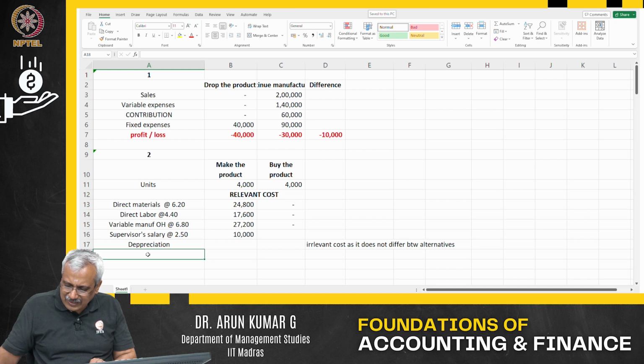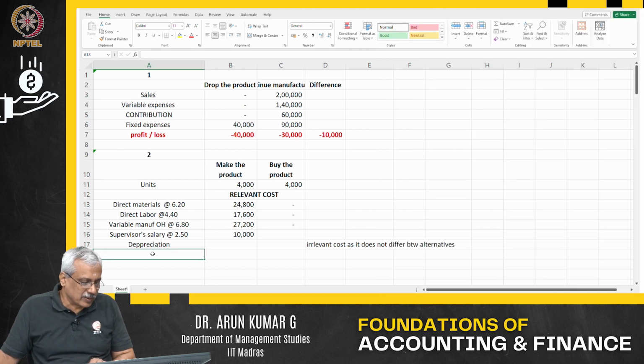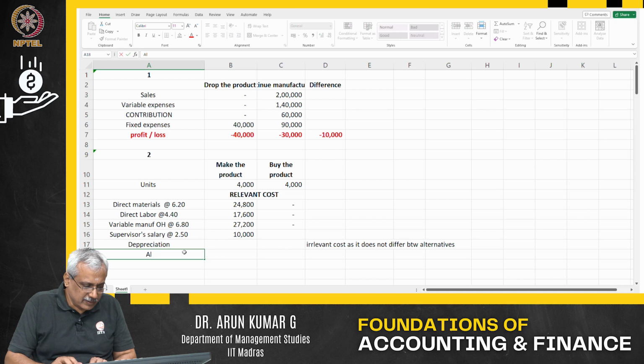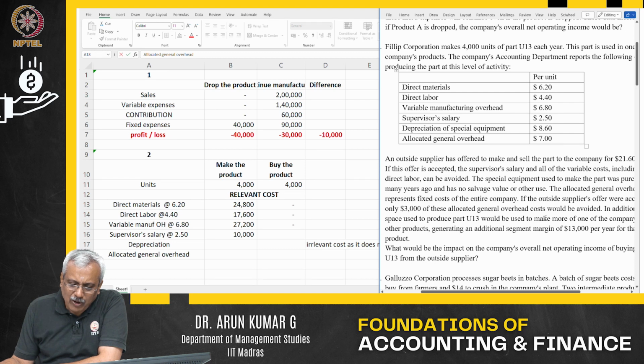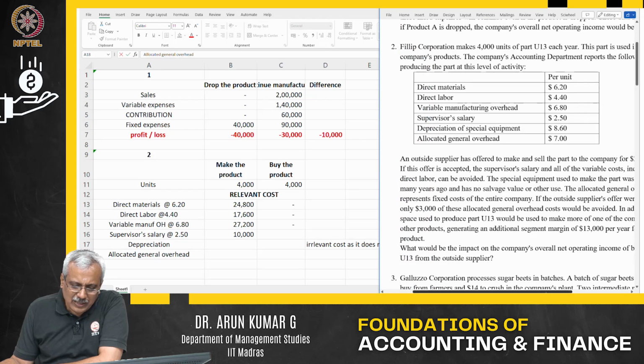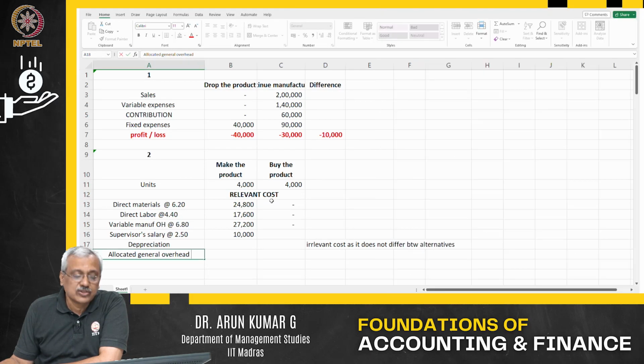Next, what is the next cost? I will have to go back out here: allocated general overhead. Now, what does the statement say? The statement says, if the outside supplier's offer is accepted, only 3000 of the allocated general overheads could be avoided. So, what is happening?